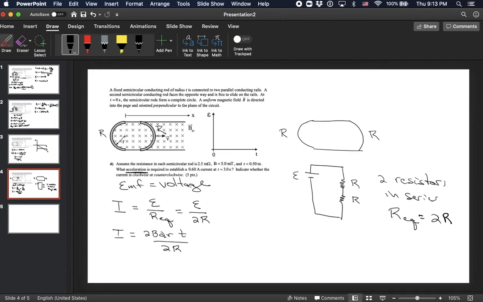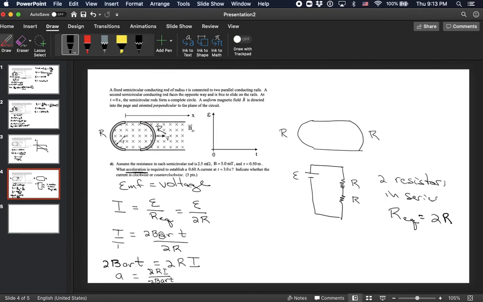And I'm interested in a. I'm solving for a, so I'm going to cross multiply. I get 2BaRT is equal to 2R times I. If I divide everything by 2BRT to get a alone, I get a is equal to 2RI divided by 2BRT.